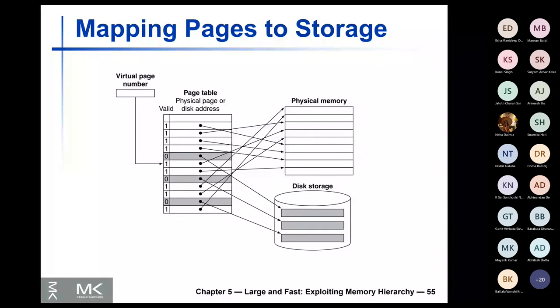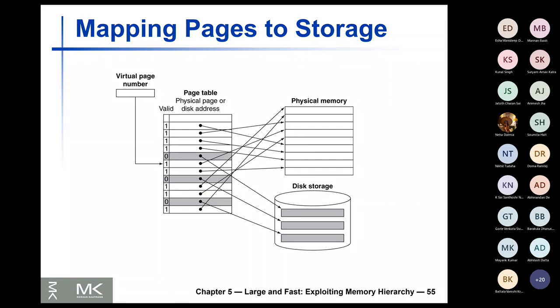So when the valid bit is 0, it is actually looking at an address on the disk. Now these shaded rows pointing directly to disk are not so simple. There are some additional steps, because disk addresses again have to be calculated. It is not that directly easy. There is also another mechanism which calculates this.